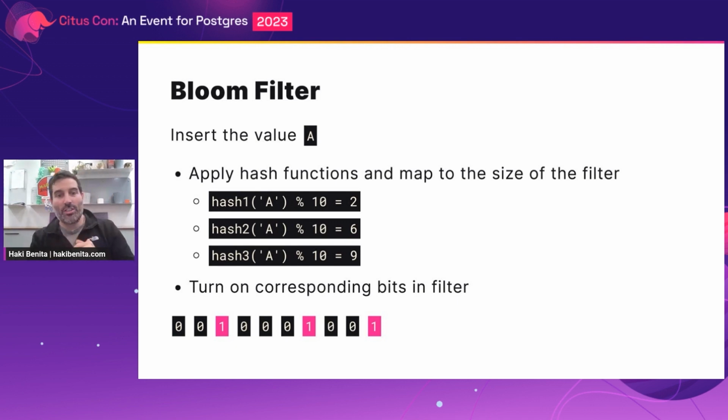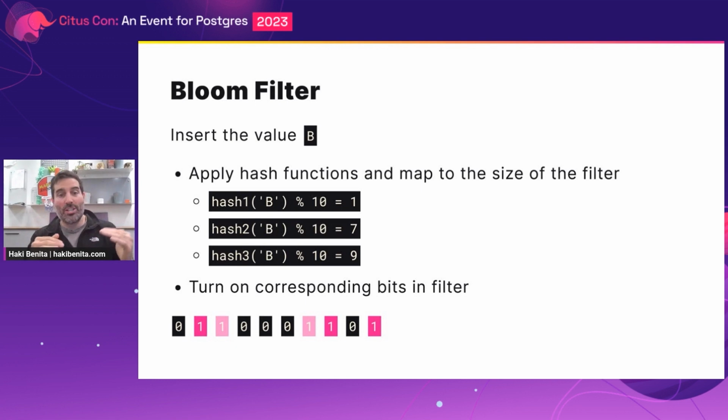Next, we want to insert the value A. The way a Bloom filter works is that you apply multiple hash functions on the value, and then you apply modulo on the size of the filter to get a bit. In this case, we need to turn on bits 2, 6, and 9. You can see in the Bloom filter below that we turn on the bits that correspond to each value.